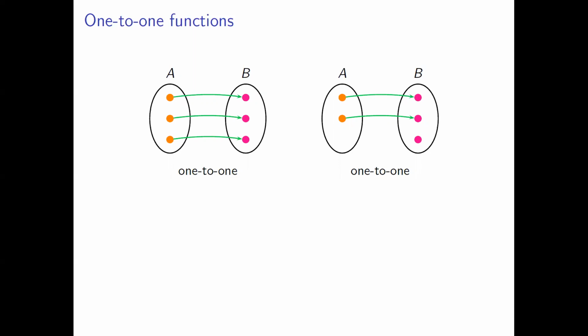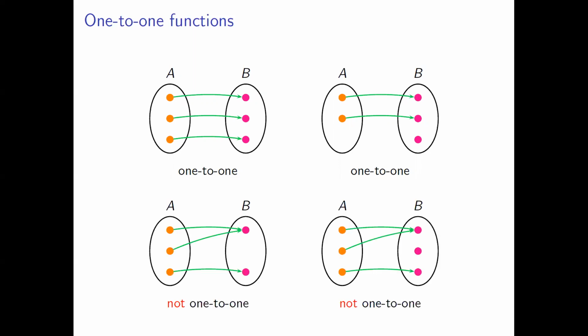Hence, the function on the right, in which there is an element of the codomain that has no preimage, is still one-to-one. The two functions at the bottom are not one-to-one because for each of them, there are two distinct elements in the domain that have a common image.